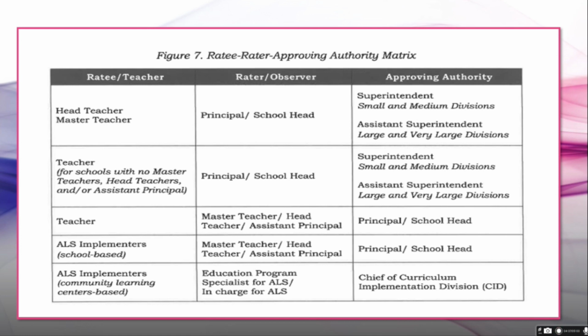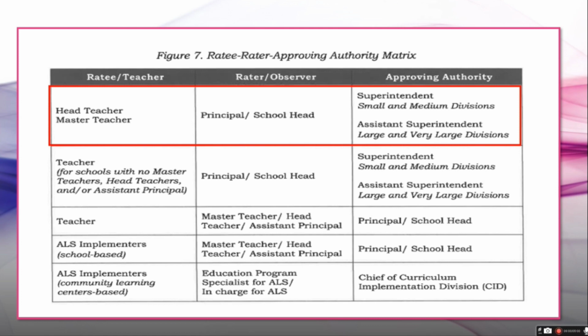Let me reiterate figure 7 from the DepEd Memorandum number 008 series of 2023, and that is the Rater Approving Authority Matrix. So for the head teacher or master teacher, ang kanila pong rater or observer is the principal or school head.